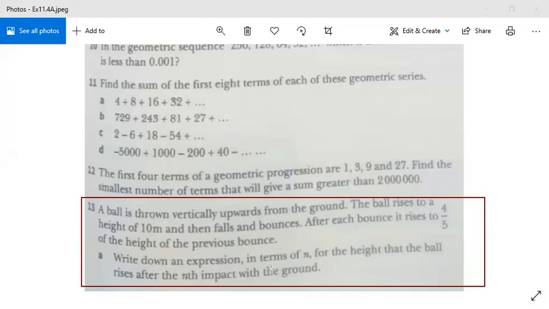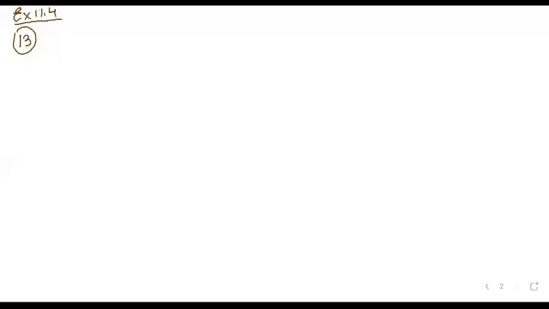So now we go to the whiteboard. If I show you, the ball is thrown vertically upward, so I cannot show the upward movement like this.